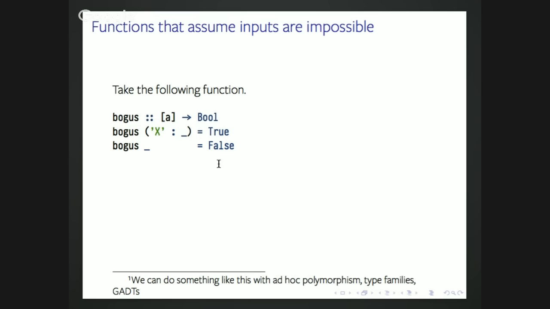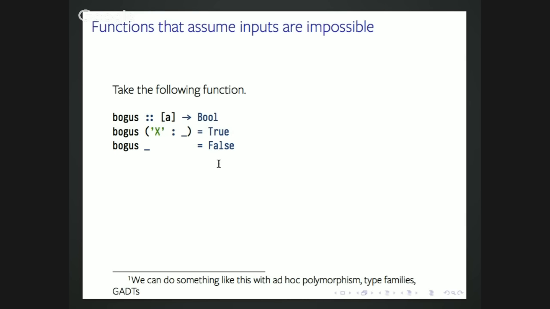So functions that are polymorphic but try to assume something about their inputs, some data type on their inputs, are not possible in Haskell, at least on the first order kind of view. If we look at the following function called bogus, it goes from a list of A's to Bool.